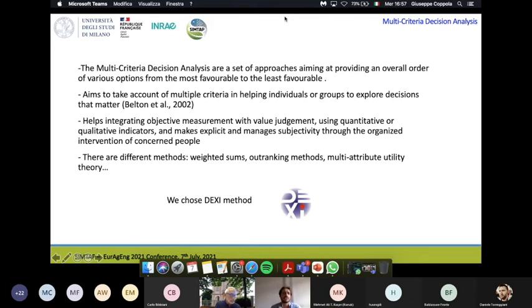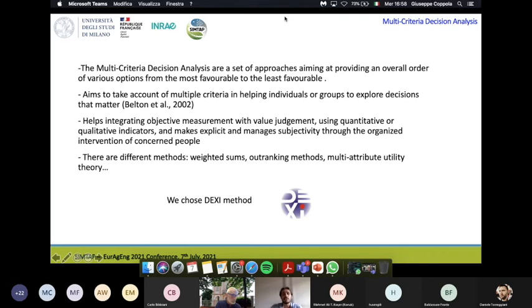They also allow to integrate objective measurements with the subjectivity by allowing the intervention of the people who are concerned with the decision. Many methodologies have been developed.